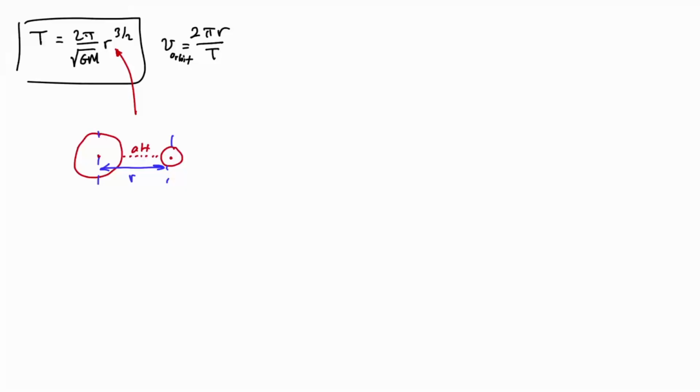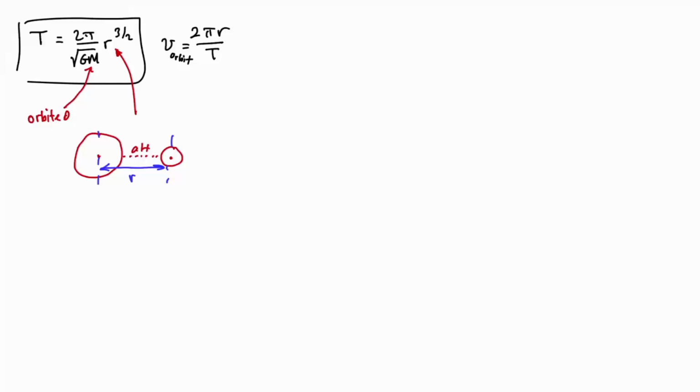What mass goes in here? Yeah, the big thing, right? The mass of the thing being orbited. In the problems we give you, there is one object that is dominant, that is causing the majority of the gravitational field. And so you put that mass in.